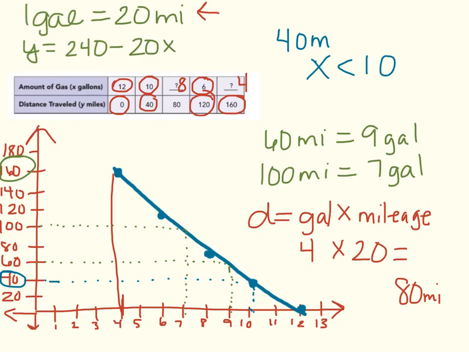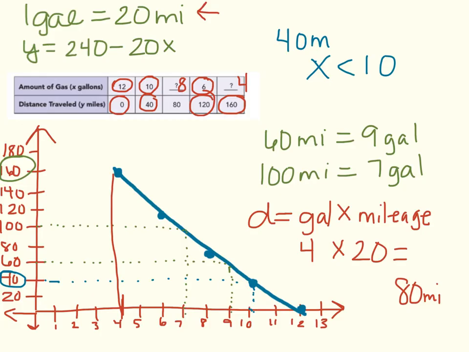Because remember, the question asked if the car travels more than 40 miles, how much gas is left? Well, it'll have to be less than 10 gallons because our 40 miles of travel uses 2 gallons of gas. So out of our 12-gallon tank, we have to have less than 10 gallons left. Make sense? Okay. Our dependent variable then would be Y, the number of miles traveled. Our independent variable then would be X, the amount of gas in the tank.